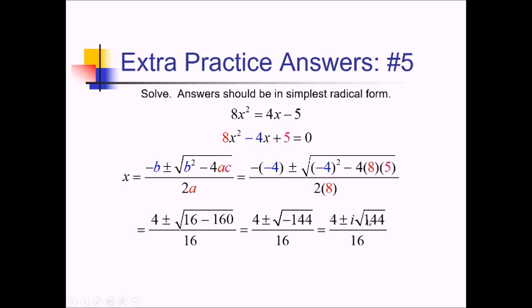And then the square root of 144 is 12. So I can write this as 4 plus or minus 12i over 16. We're almost done, but I happen to notice that 4, 12, and 16 are all divisible. They're all reducible by 4. So reducing everything by 4, I can rewrite this as 1 plus or minus 3i all over 4.